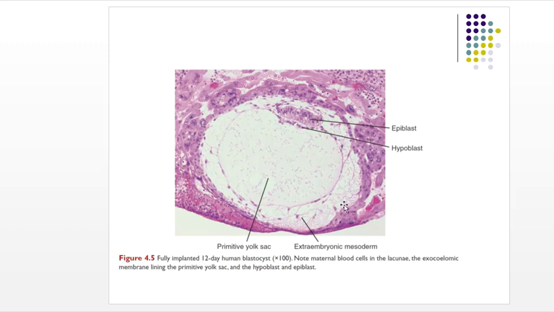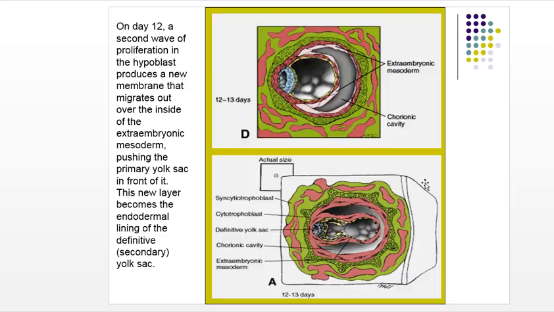Here it is not shown in detail, the somatic and splanchnic layers of the extra-embryonic mesoderm. Here you can see the extra-embryonic mesoderm formation.